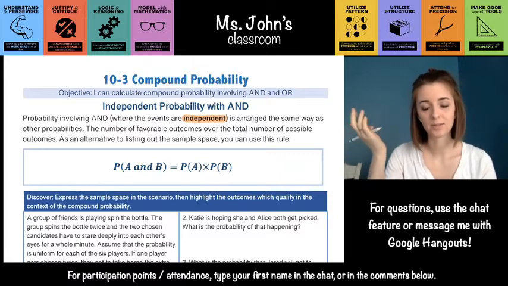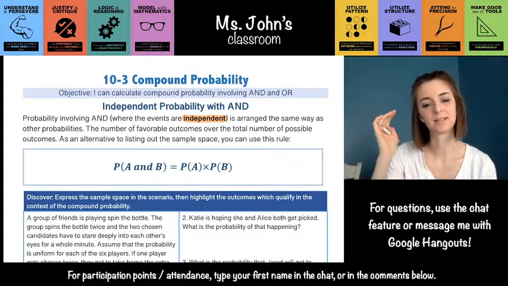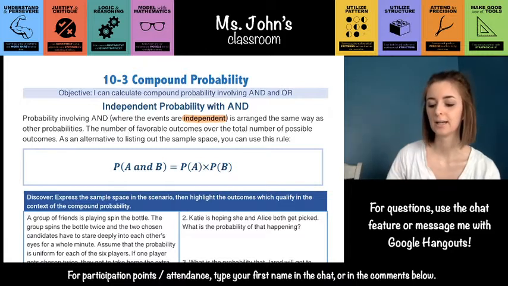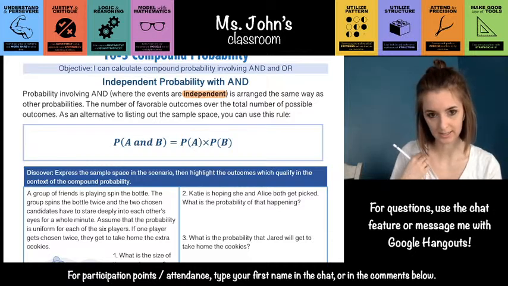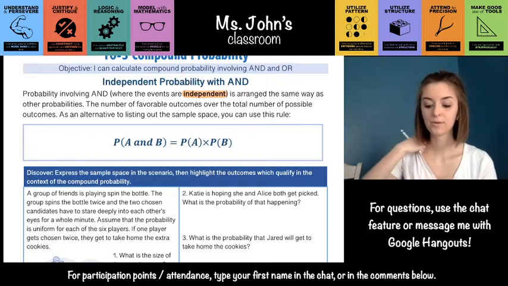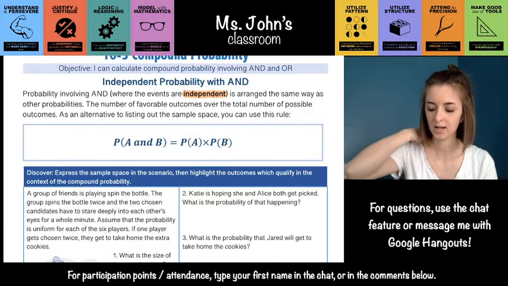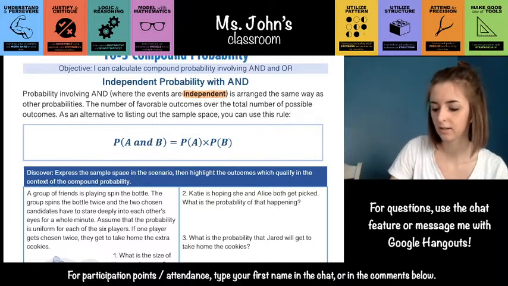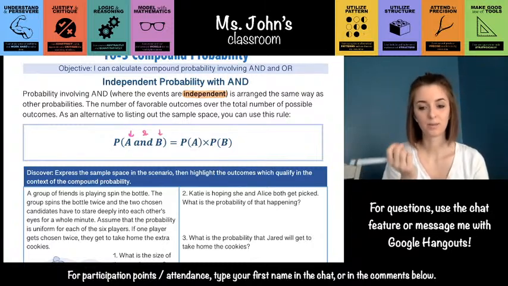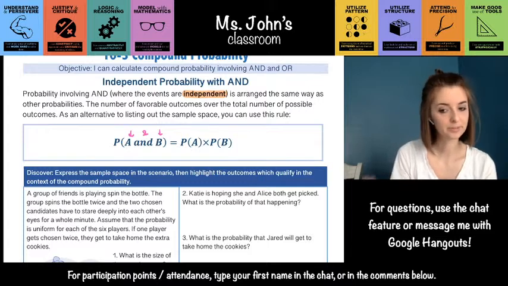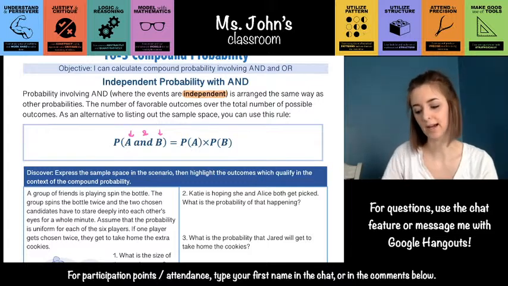Sometimes they will say that, sometimes they will just assume that you know that because it's like two dice rolls or whatever. So that's important. Two things have to be independent. And then once you know that they're independent, the probability calculation for event A and event B is just the probability of A happening multiplied by the probability of B happening.